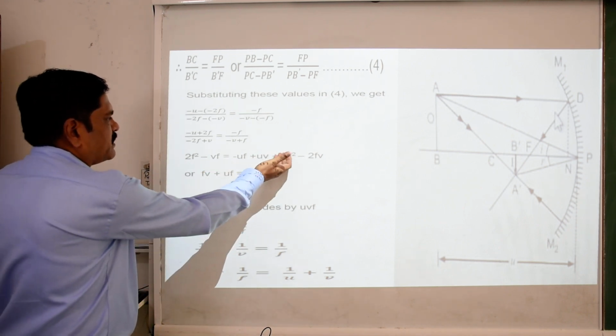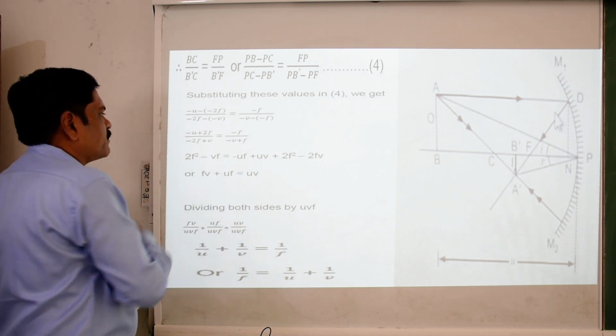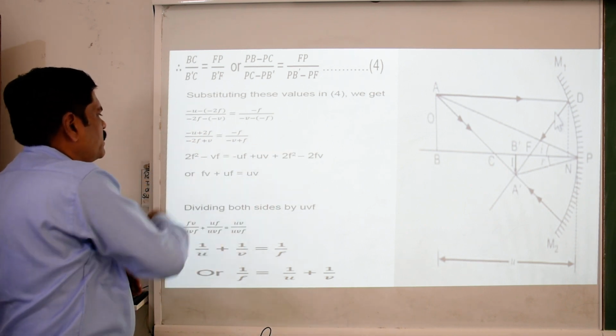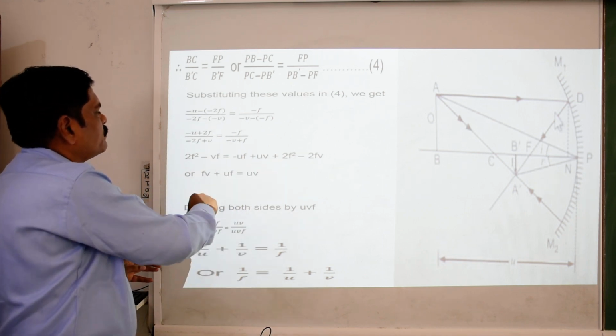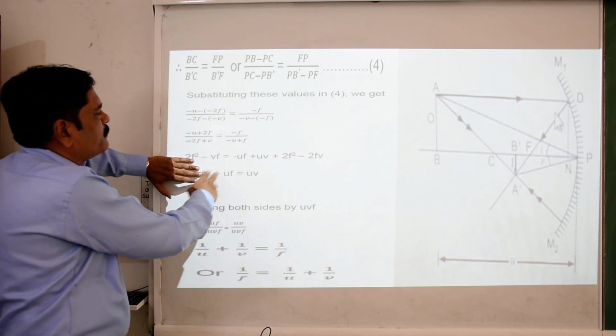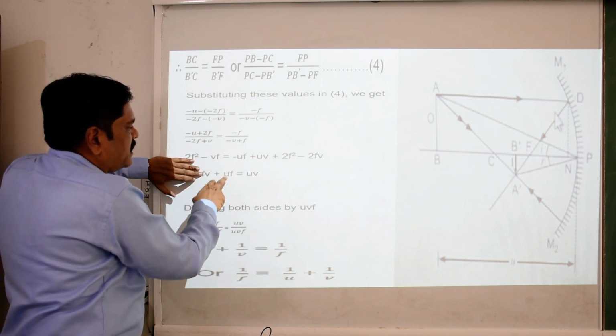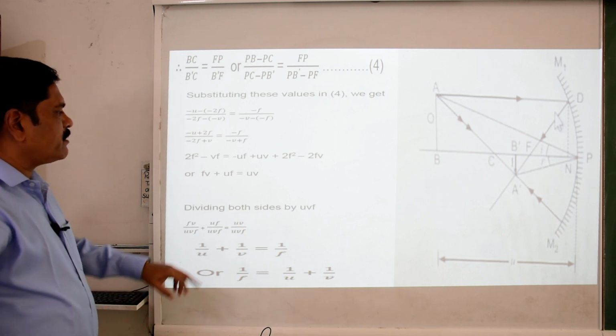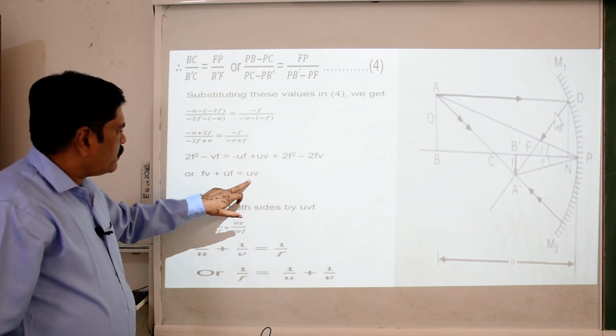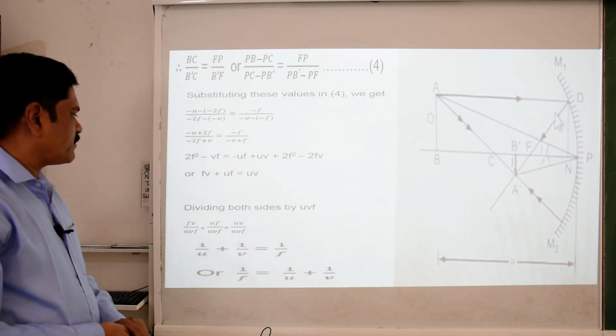Now, by transposing, when you take this, the 2F squared will be cancelled, and when you carry VF to this side, it will be positive, and UV remains on this side. That's why you have UV is equal to UF plus VF, clear?